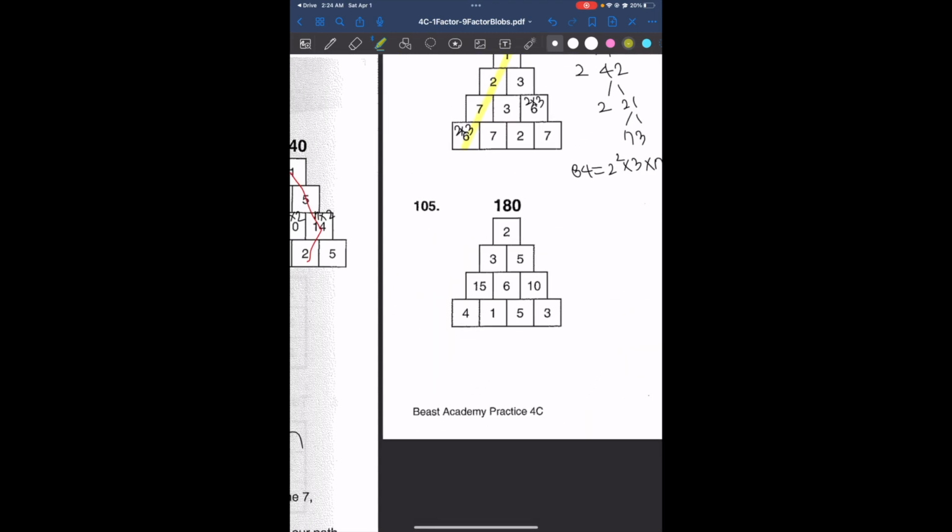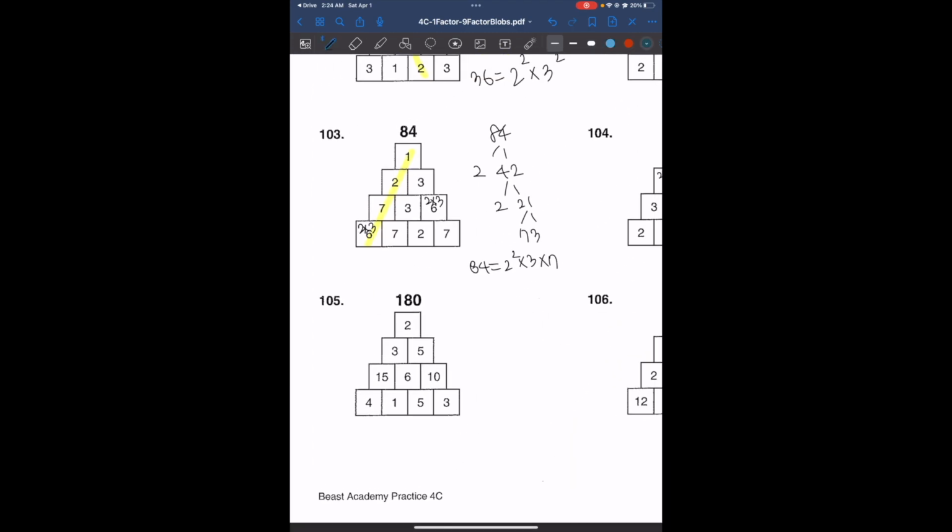Now moving on to problem 105, we have target number 180. And so 180, after doing prime factorization, we can express that as 2 to the power of 2 times 3 to the power of 2 times 5. So our path must go through 2 twice, 3 twice, and 5 once.